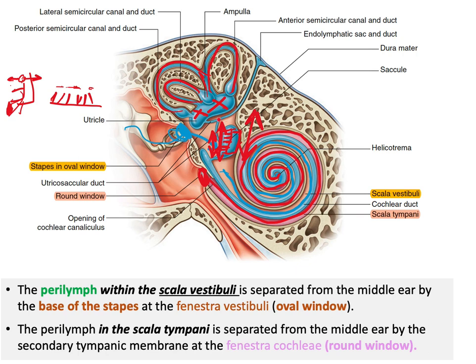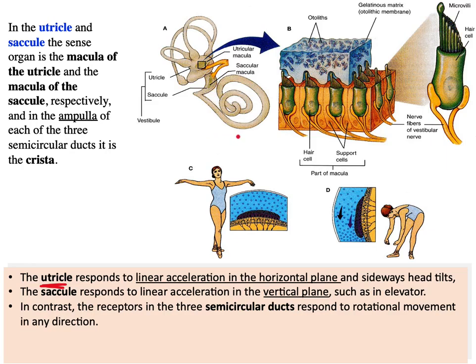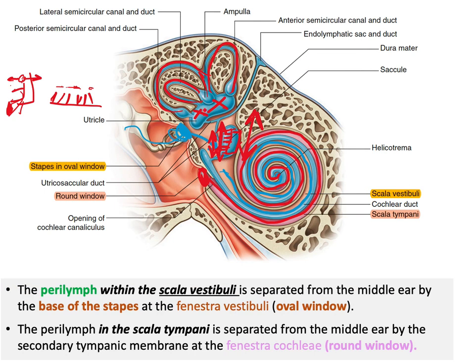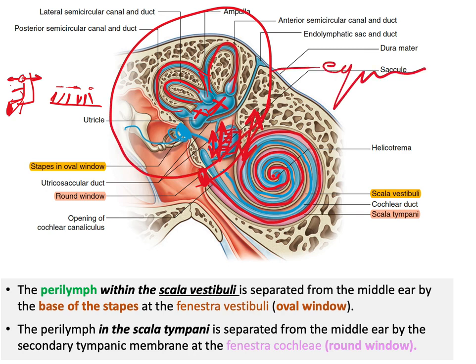So all of them at the end of the day will be responsible for orienting your head either in the horizontal plane or vertical plane, or rotational movement, and in equilibrium, right? Just to remind you, utricle, saccule and semicircular canal are responsible for equilibrium at the end of the day, but the organ of Corti or spiral organ in the cochlea is responsible for hearing.